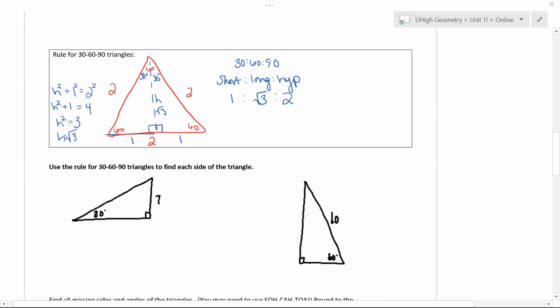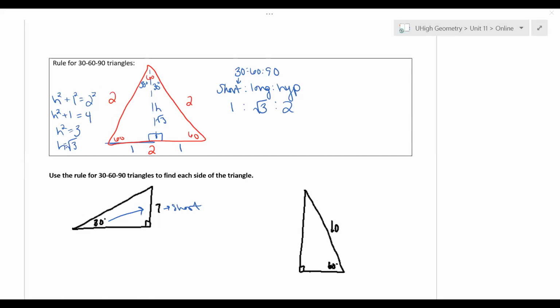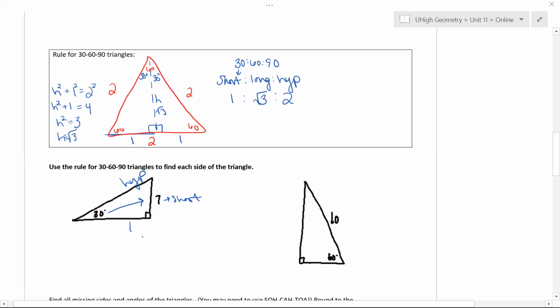So in this first one here on the left, I'm given that I know my 30-degree angle. So let's take a look. The 30-degree angle is opposite of my short side. So that means 7 is my short side. My hypotenuse is opposite of my 90 degrees. And what's left over is going to be my long side.